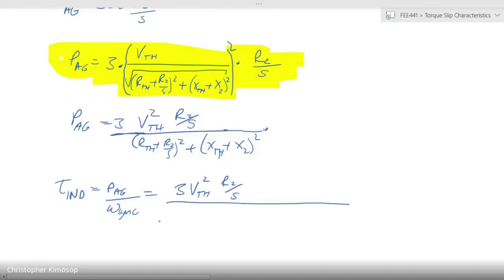Over synchronous rotational speed times R Thevenin. Make it a bit clearer.